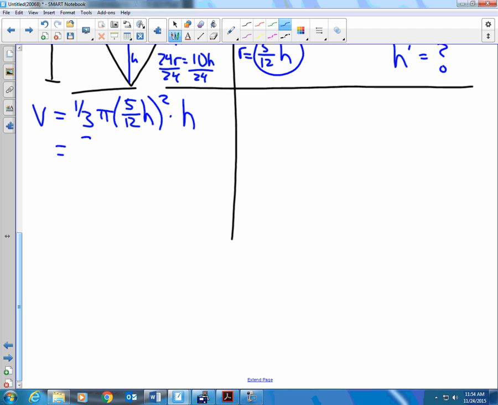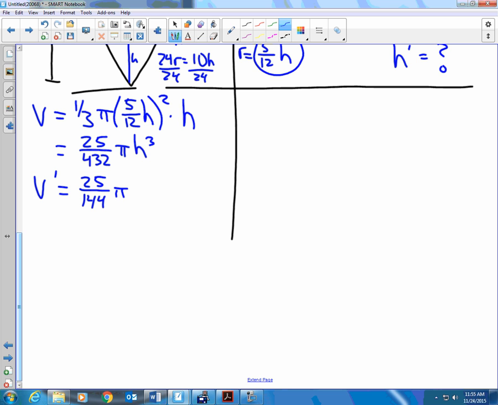So we've got 25 over 432 times pi, and then how many h's do we have? H cubed. So now I'm going to take the derivative of that. So v prime, and 75 over 432 does reduce to 25 over 144.